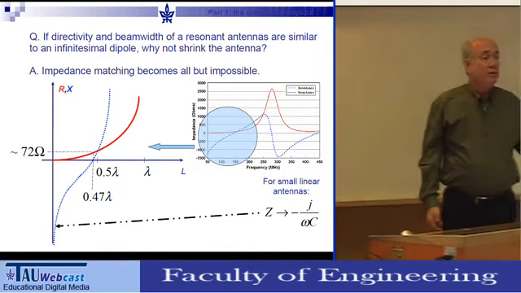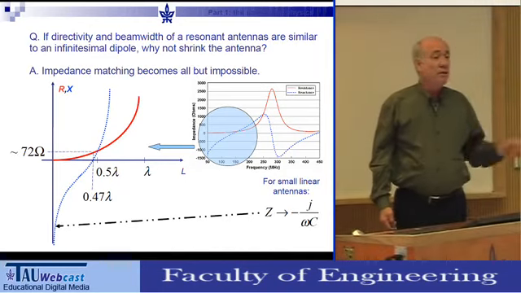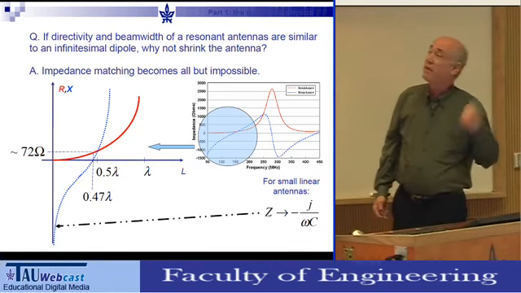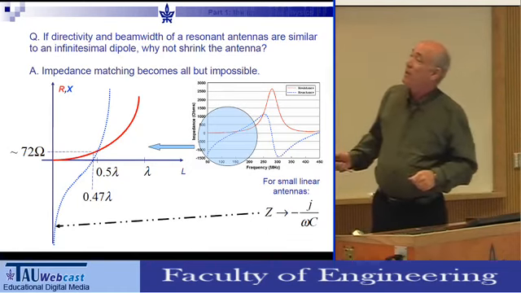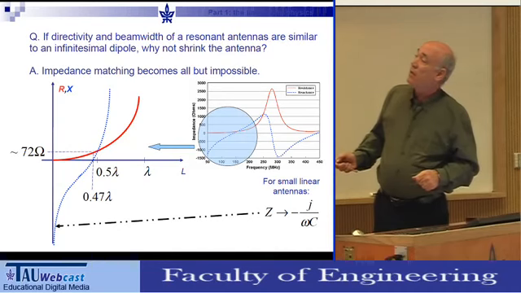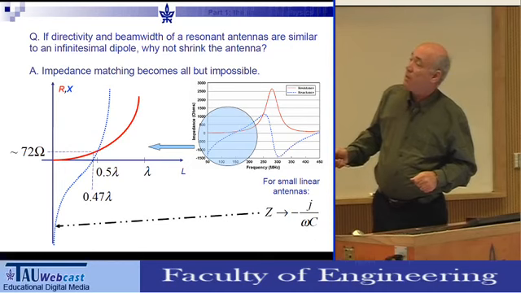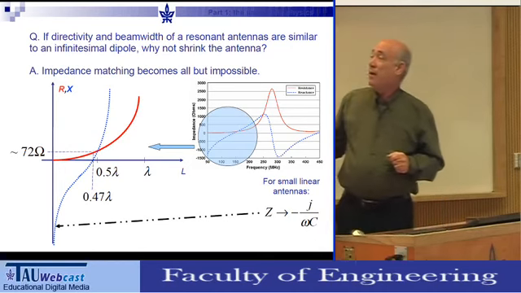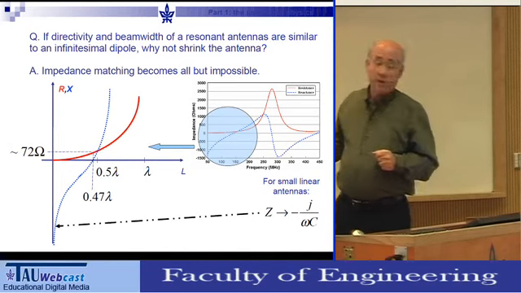The issue is totally different now. It's not the directivity, it's not the far field, it's not the beam width, it is the impedance and the efficiency, this eta that I was showing you before. Here's a graph that shows you what the real part and the imaginary part of the impedance of a wire antenna look like as the frequency grows in this direction.